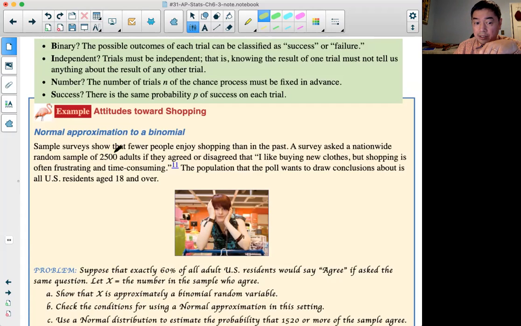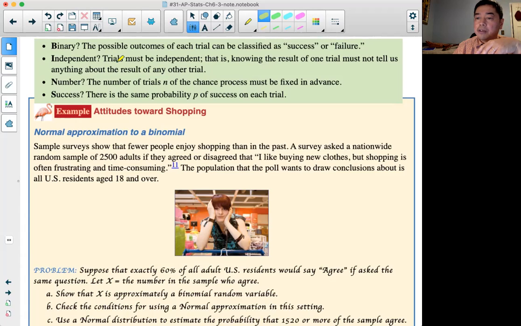So the next adult will be among 2,499 adults, and it's going to be a little bit less than 60% because we already found one, okay? And if we find two, it's going to be less again. So actually, it's not independent.